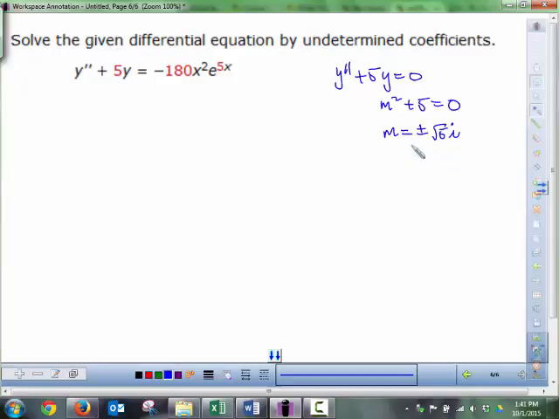Imaginary numbers, complex conjugates, there's no real part, so it's just going to be a plain sine and cosine. If there was a real part here, like 1 plus or minus square root of 5 i, then we have e to the x times sine, e to the x times cosine. Okay, but there is no real part, e to the 0 is 1, so it just gets ignored. Your fundamental solution set.